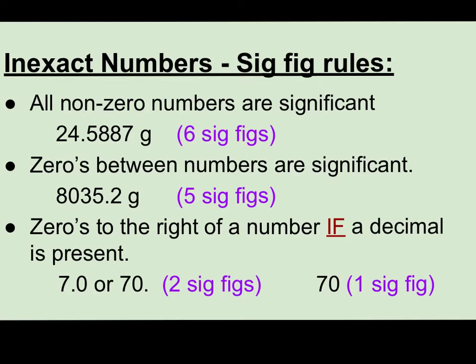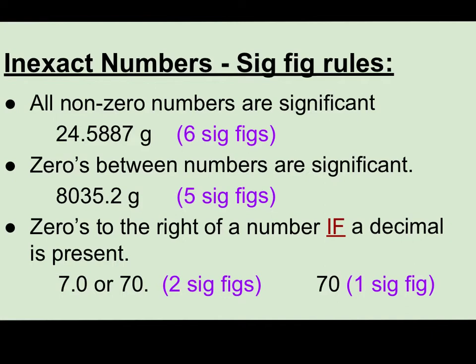Finally, zeros to the right of a number are significant, but only if a decimal is present. So here I've given you a couple of examples. In both 7.0 and 70 with a decimal written, there are 2 significant digits. The 0 is significant in both cases because it's to the right of a number, and there's a decimal written down in that number somewhere.